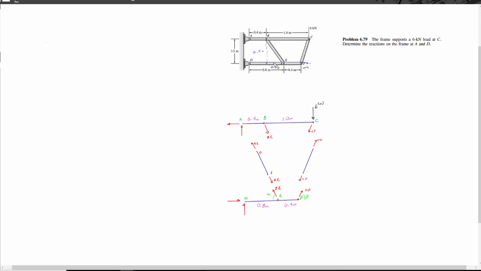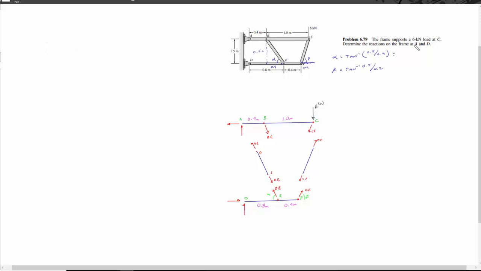And then we also have this as 0.5. So if we're solving for alpha, which we called this alpha, and we called this beta, alpha would equal the arctangent of 0.5 over 0.4, and beta would be the arctangent of 0.5 over 0.2.